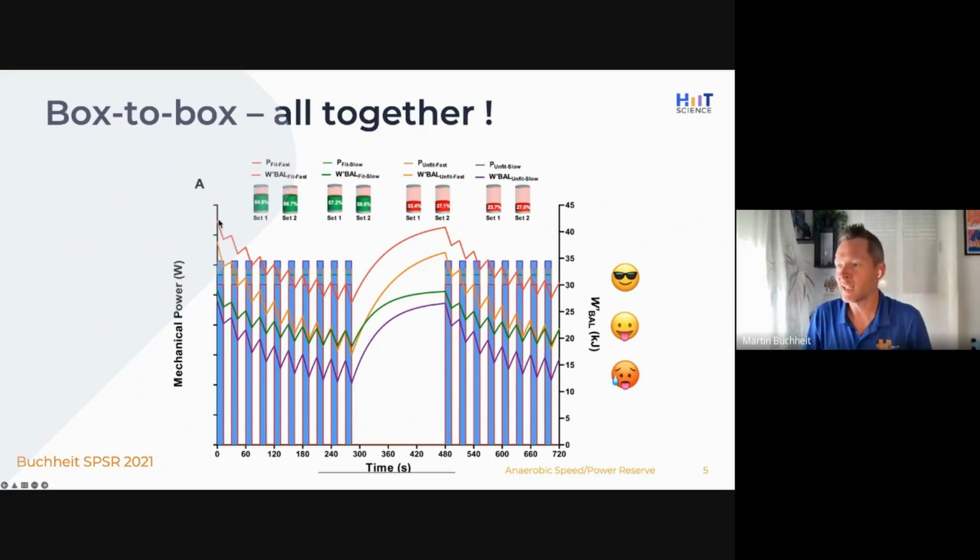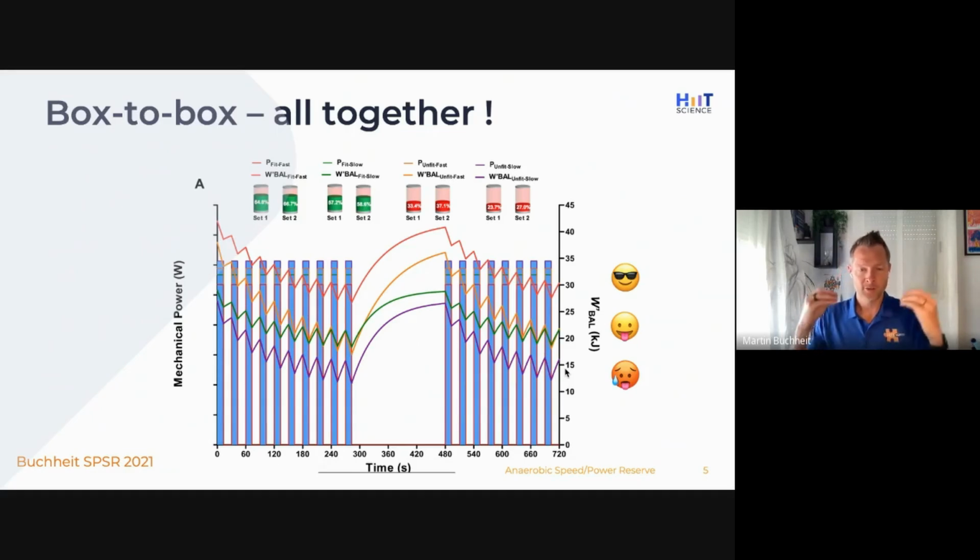But for sure, because he starts with a higher energy capacity than the others that have lower maximal sprinting speed and/or lower maximal aerobic speed, those guys have a lower mechanical and energetic potential. Of course, they won't finish the sets of box-to-box at the same level of exertion, because we have not, in this case, individualized the distance to run.